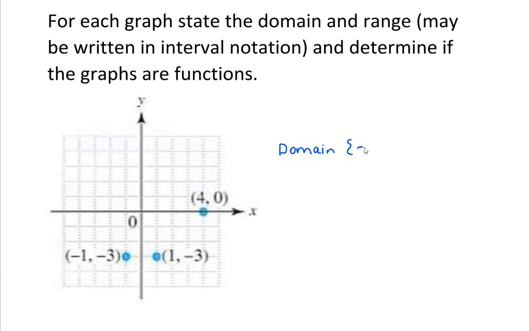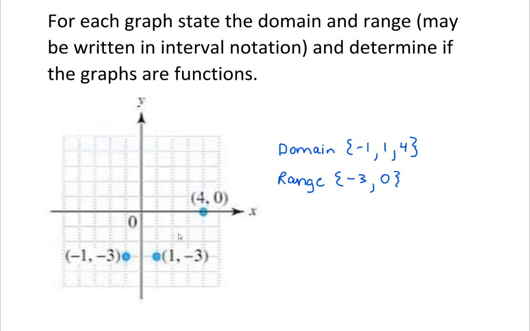So I have a -1, a 1, and a 4. And my range would be the y values. My y value here and here are both -3, and then my y value in this point is 0.